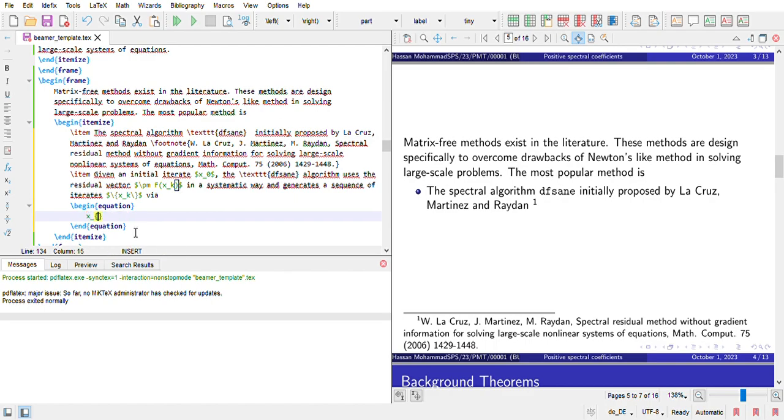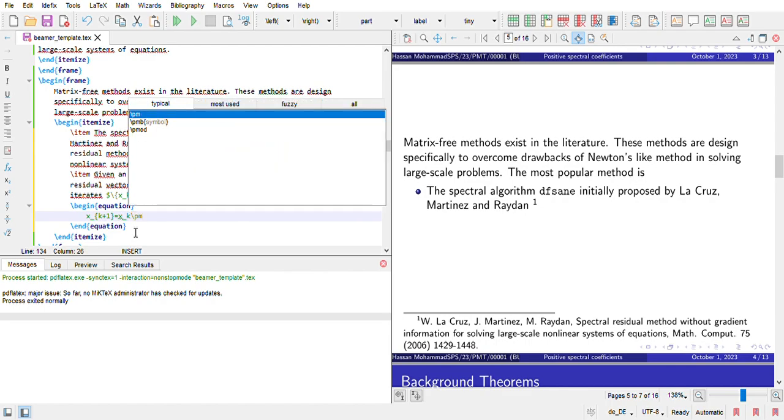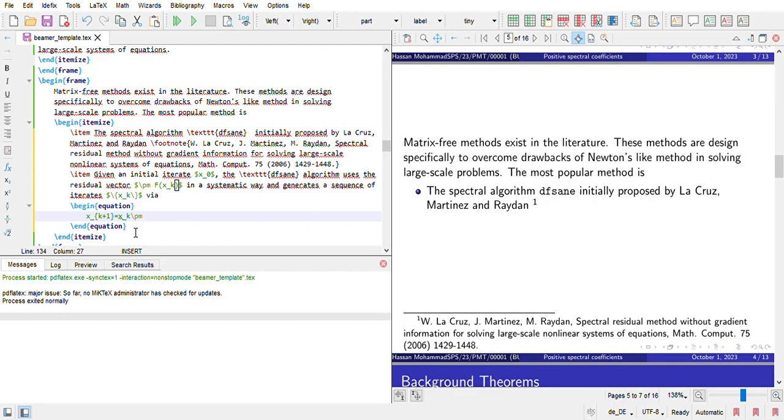Since I have more than one character, I have to put them inside curly brackets. So it equals x_k plus or minus, that is \pm, then we have f of x_k, correct. Then we have some space.